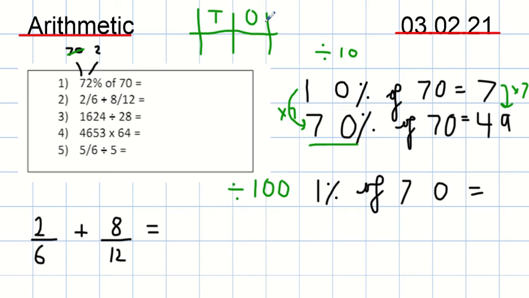Brilliant, you've got your method or your strategy of using a place value chart. So 1% of 70 is 0.7.